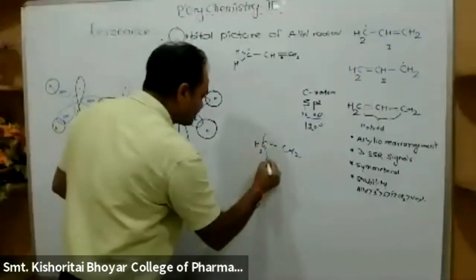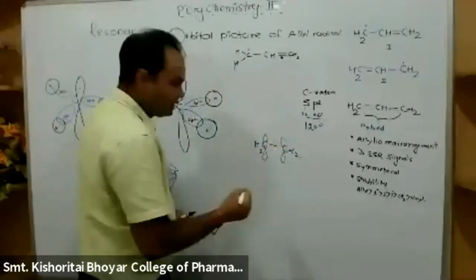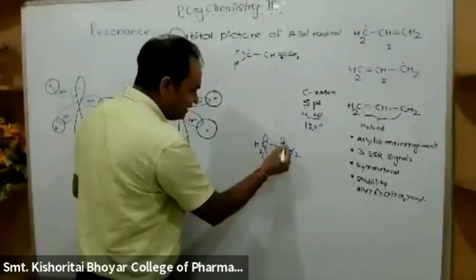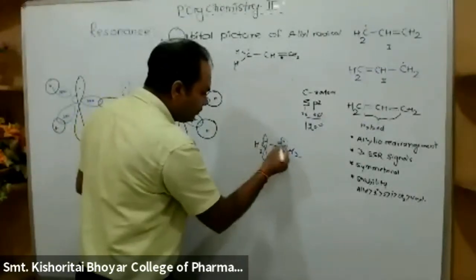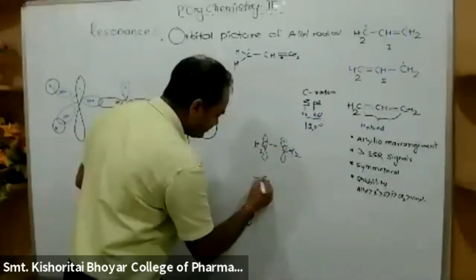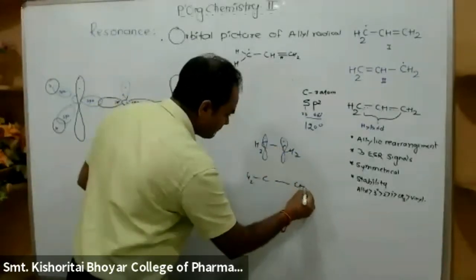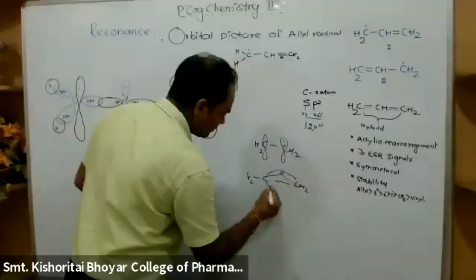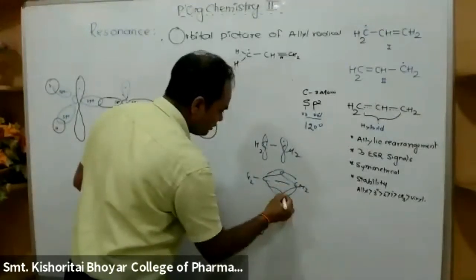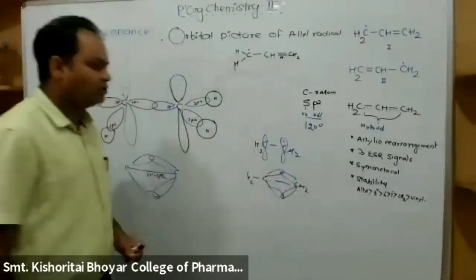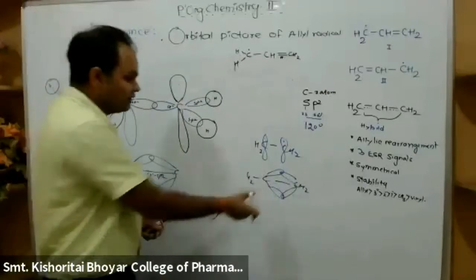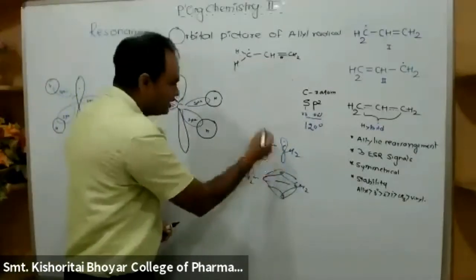Now each carbon has a p orbital, and this p orbital contains an odd electron. So overlapping of this p orbital like this results in the formation of a pi bond. So we can represent ethene like this.